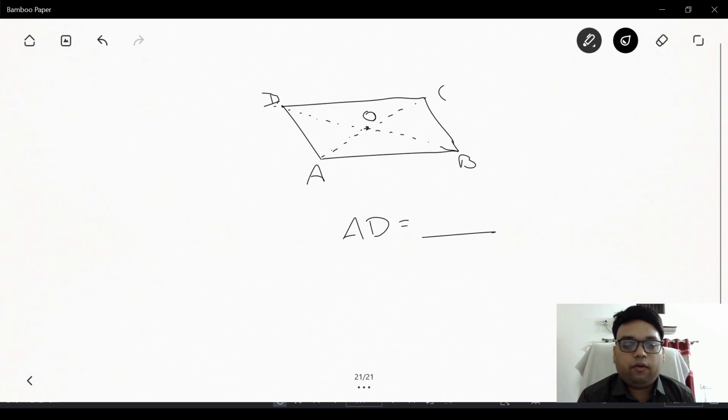By observing we can simply answer that AD is equal to BC because it is a parallelogram, and the property of parallelogram says the opposite sides are parallel and equal.